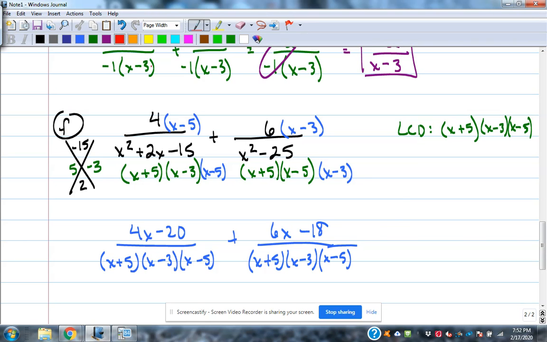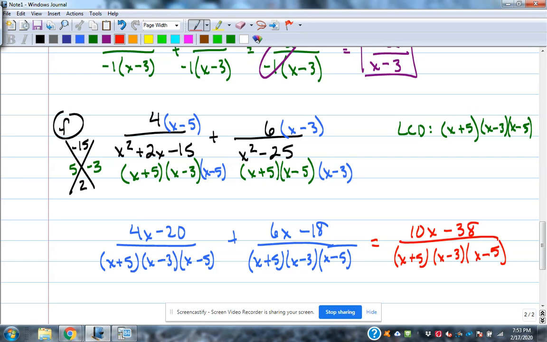And then I'm putting like terms together because now I've got all the denominators the same. So it's just work out the numerator parts. 4x plus 6x would be 10x. Negative 20 and negative 18 would be negative 38. And it doesn't matter what order you put the denominator pieces in.